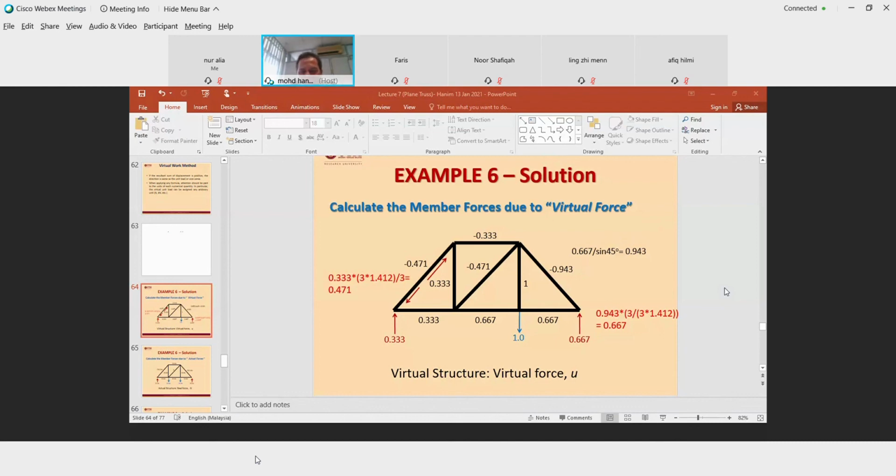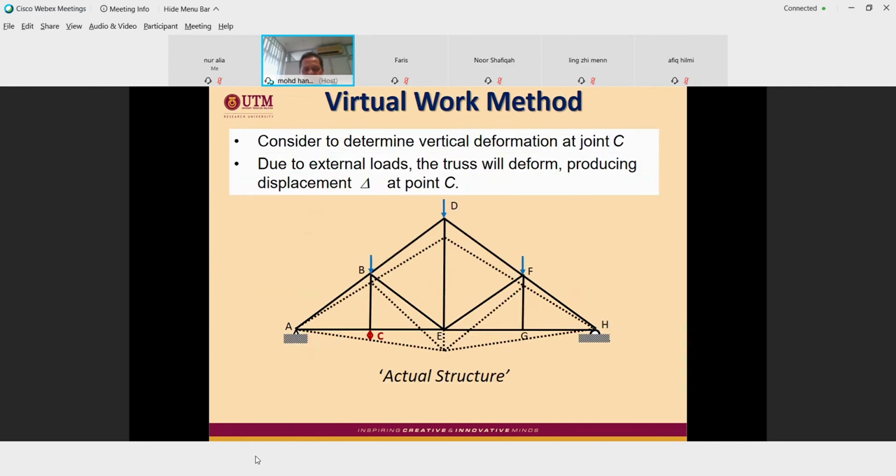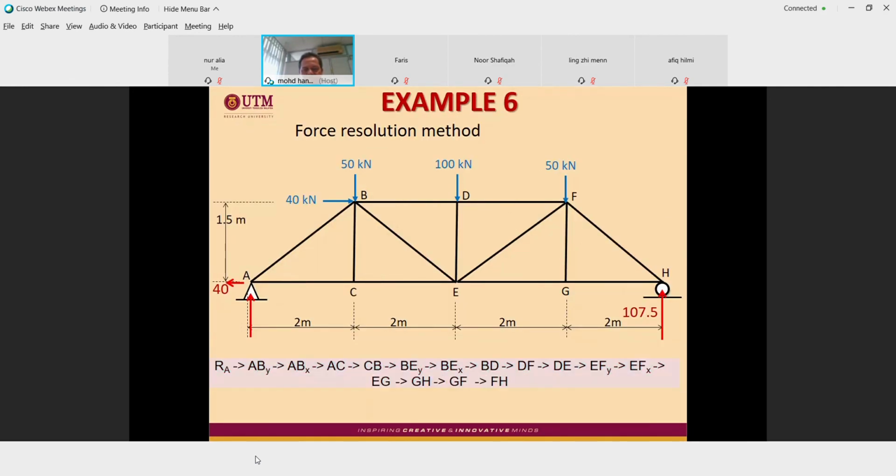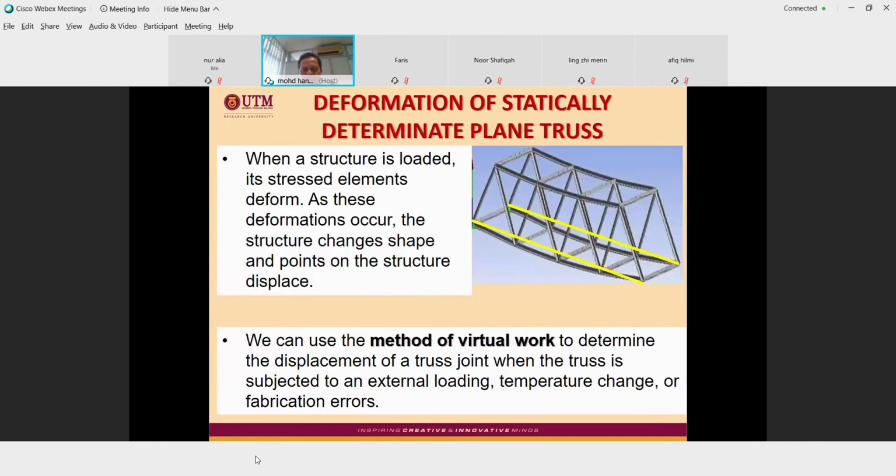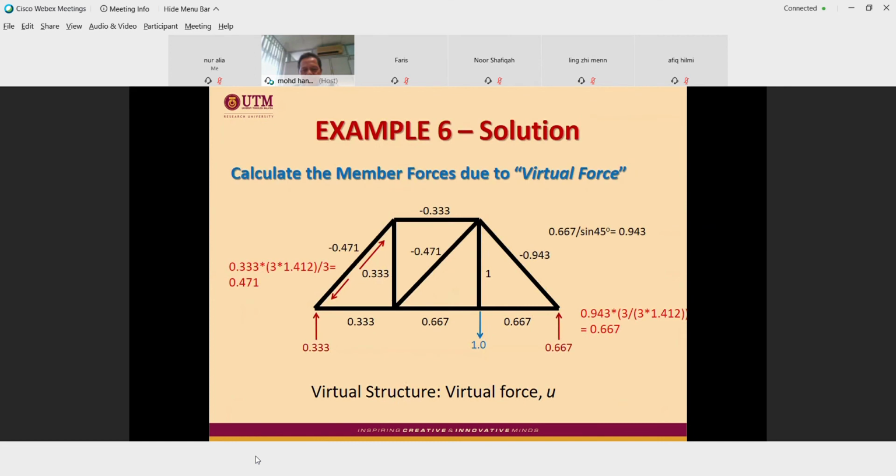Okay, so this is the end of this topic. As I said just now, I'll give you this slide, and also this slide, by using the resolution method and also by using this quick method.